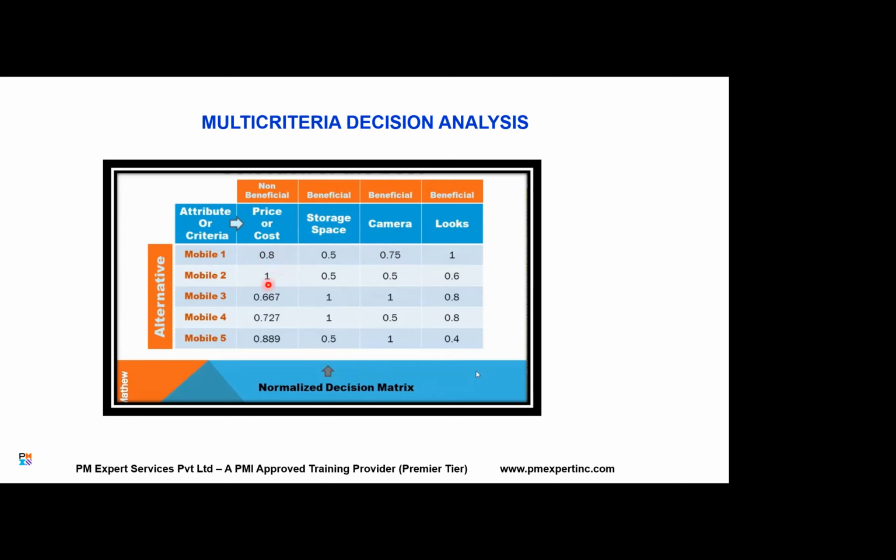So what is the total score of mobile one? Mobile one has been rated on price, 3.05. The next is 2.6, and how much is the third one? 3.46.